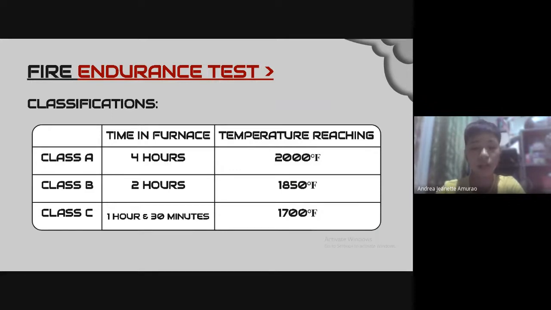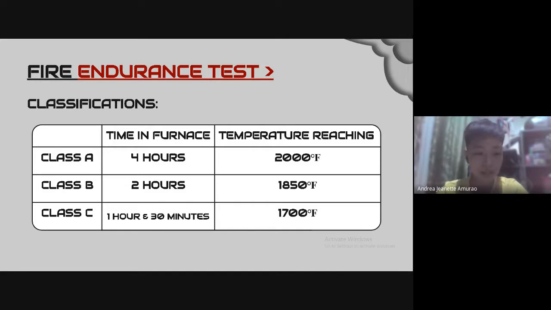There are various classifications for the test times and temperatures for each test. So in the fire endurance test, its classification only varies from classes A, B, and C. For class A, the time in furnace is 4 hours, and the temperature reached is 2000 Fahrenheit. For class B, the time in furnace is 2 hours, and the temperature reached is 1850 Fahrenheit.